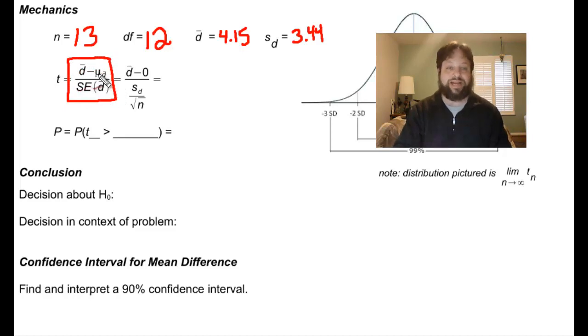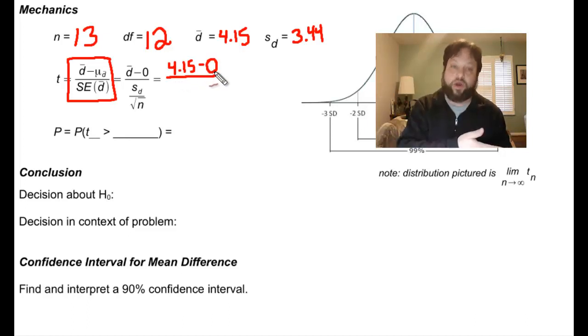In fact, it's not really bad at all. On the top, we're just looking at the difference between what we found and what we thought we were maybe going to find. So, of course, our mean difference here was 4.15. We already wrote that down. And if you look back at our null hypothesis, we did hypothesize that the difference would be 0. So that's the difference between our sample and our parameter.